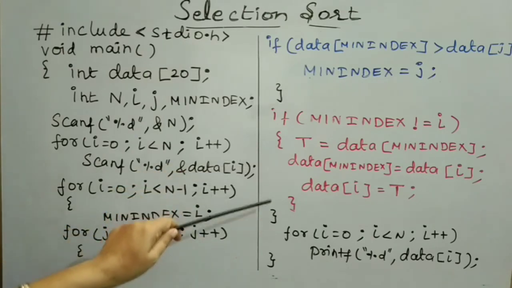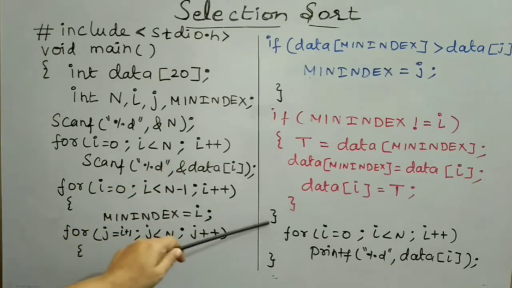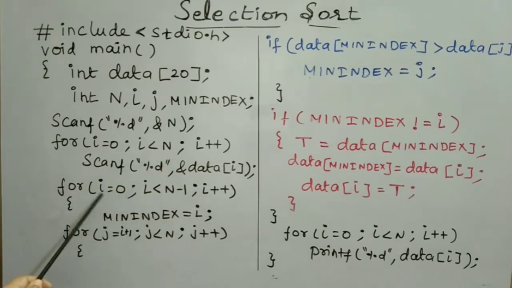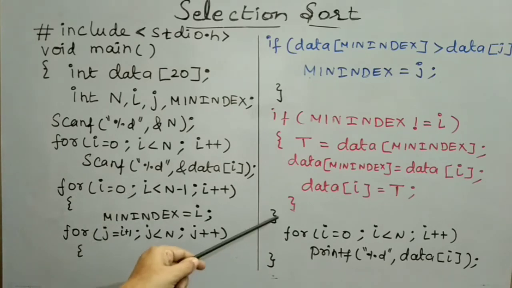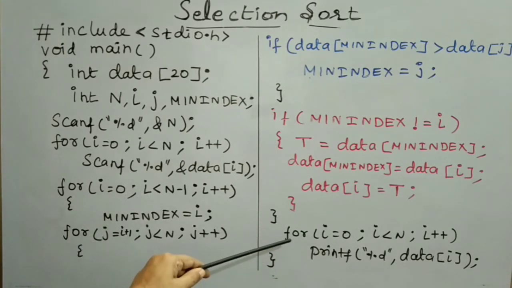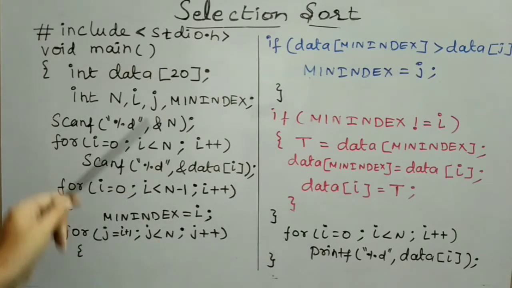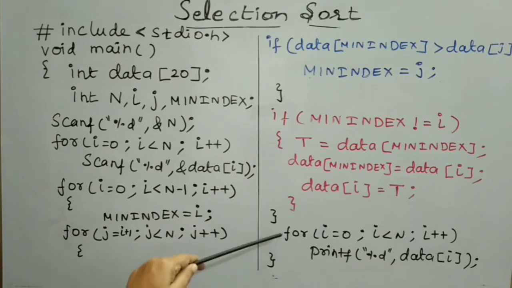If I come out of this for loop, all the elements have been compared and moved to their appropriate positions. After coming out of this for loop, I need to print the sorted array. Now the data array will contain the elements in sorted order, that is in ascending order. So using this statement, I am printing the values of the sorted array.